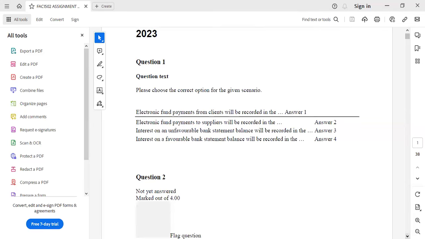Please choose the correct option for this scenario.